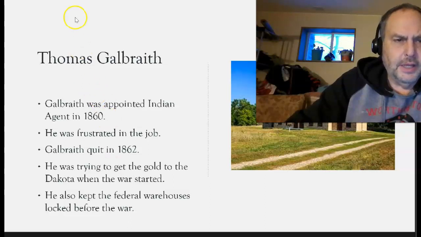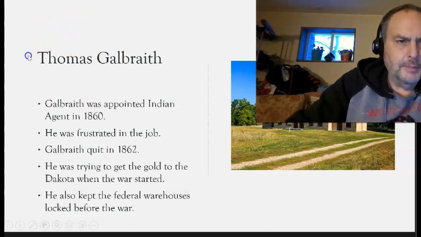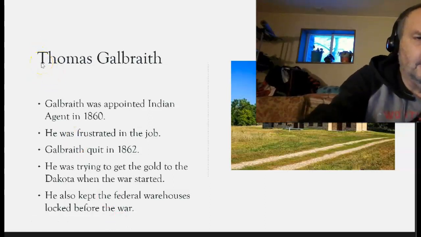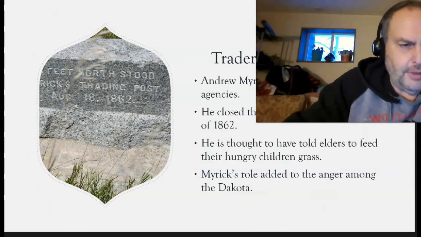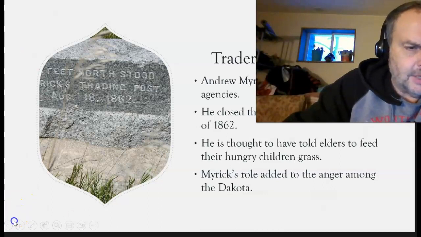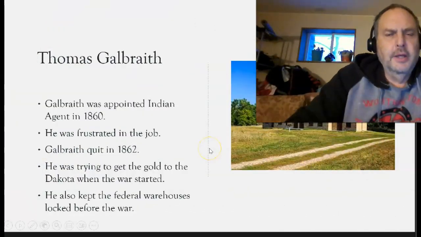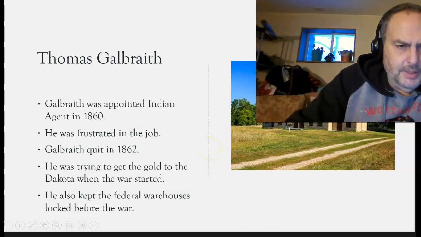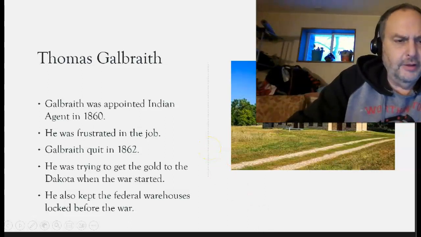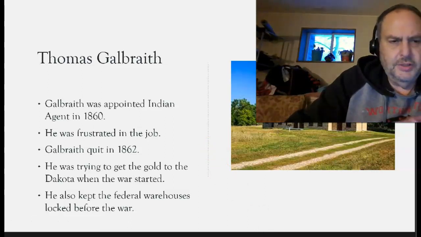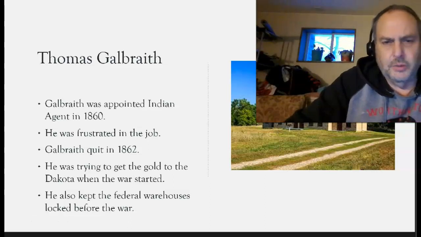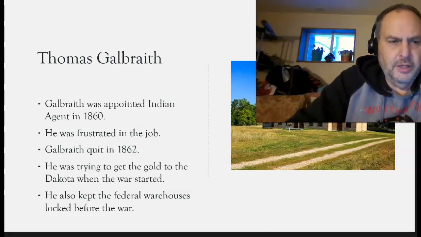All right, this slide is all about Thomas Galbraith. Let me go back to Thomas Galbraith here quick. What you want to know about him is that he is not a very good Indian agent. He had actually quit his job before the war started.